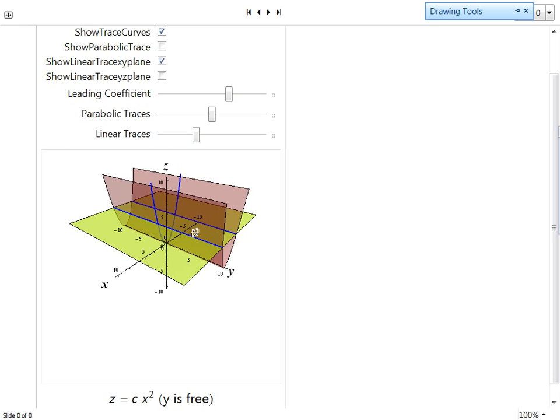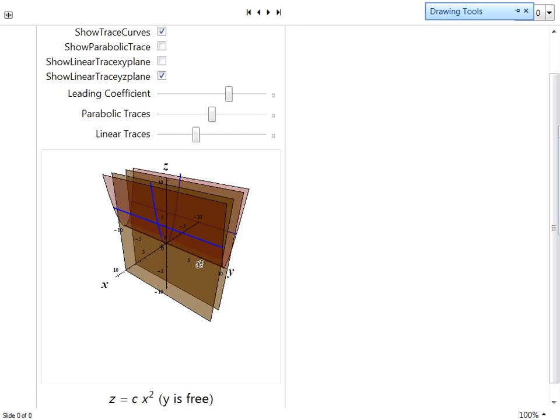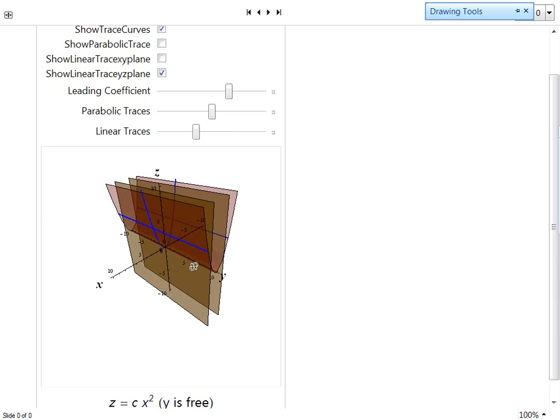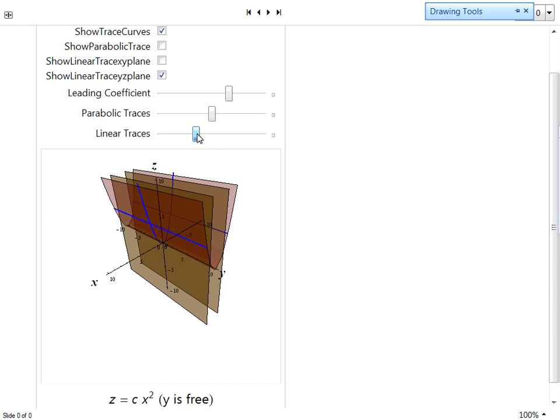Okay, so I get lines in one direction. What happens if I cut it with the yz plane? The yz plane, back and forth. yz this way. What do I get? Do you see them? This is the blue lines again, isn't it? It's those blue lines.